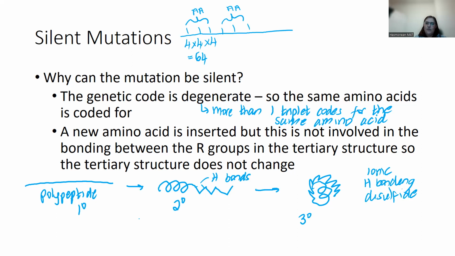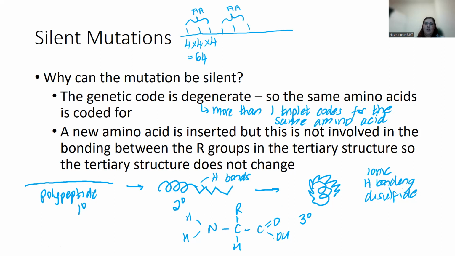So let's remind ourselves what we mean by R groups. If we think about an amino acid, it is made up of an amino group, a carboxylic acid group at the other end, and in the middle carbon, you have a hydrogen and then the R group. And the R group is what makes each amino acid unique. So every amino acid has an amino group.